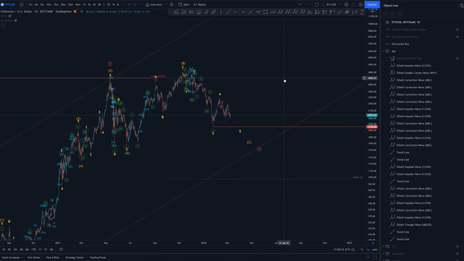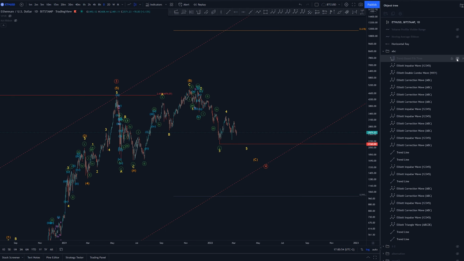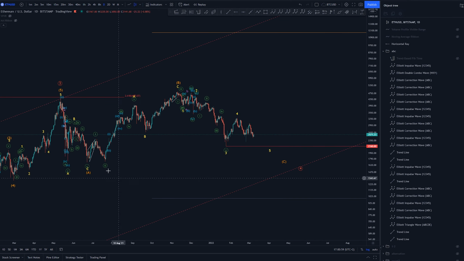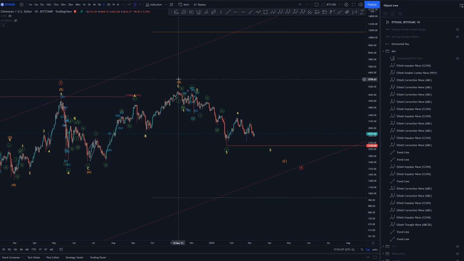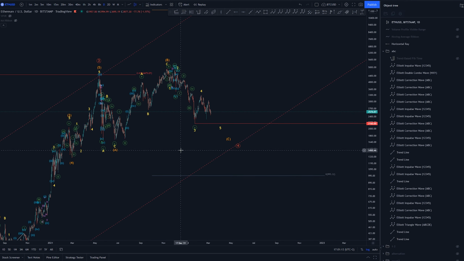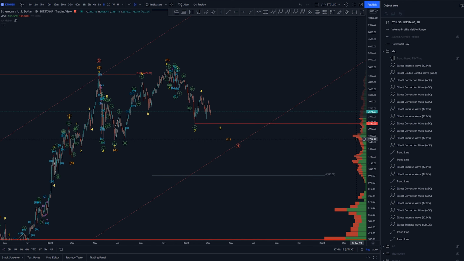I'm going to unview that for now, but the count is pretty much like this: ABC into A, 1, 2, 3, 4, 5 into A, then B, then C, into intermediary B, and now we're making 5 waves down. Now we got the same targets around here that I previously showed.